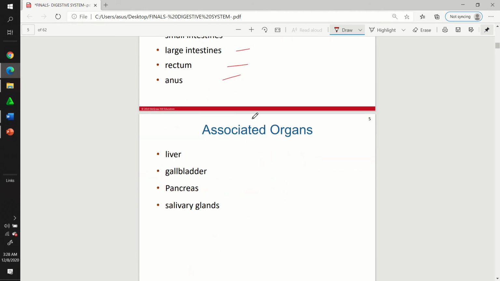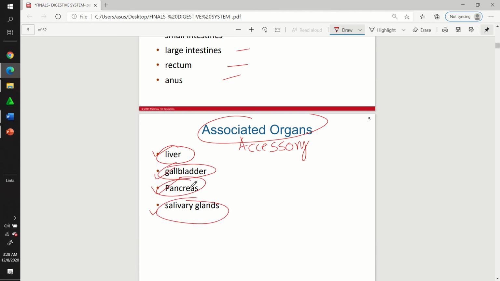And we also have the associated, or accessory, organs. They are not directly in the digestive tract but have ducts that lead into the tract, which include my favorite organ, the liver, the gallbladder, the pancreas, and the salivary glands.